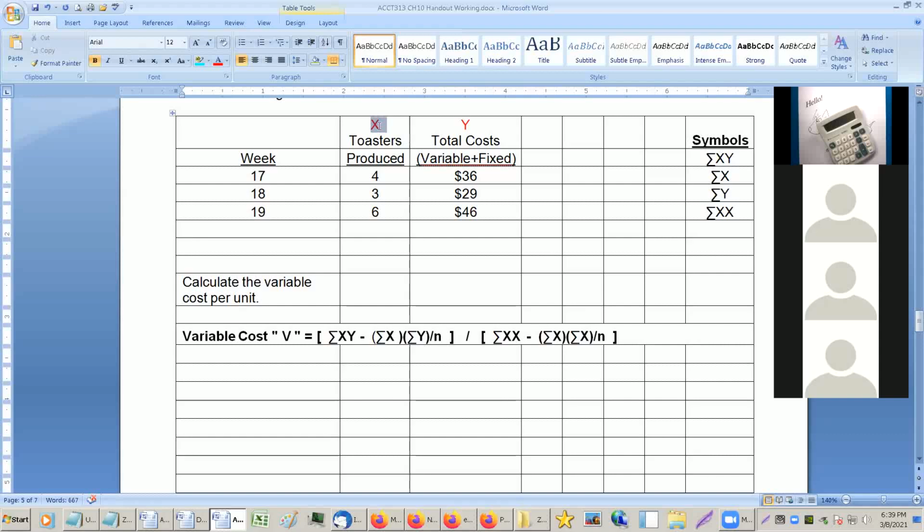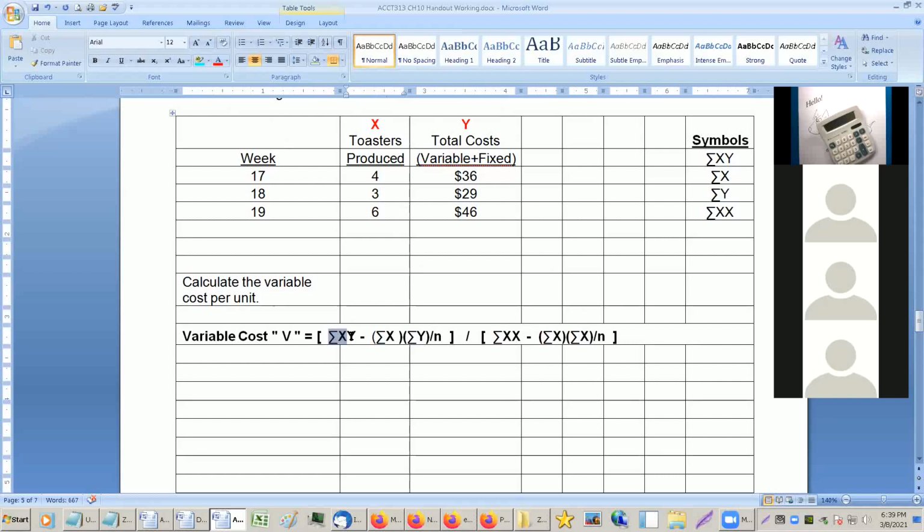Based on these, the toasters being the x's and the total cost being the y, the y's are what you're trying to explain. And in this class, the nice thing is that they are always the total cost. You're always trying to figure out what the total costs are.